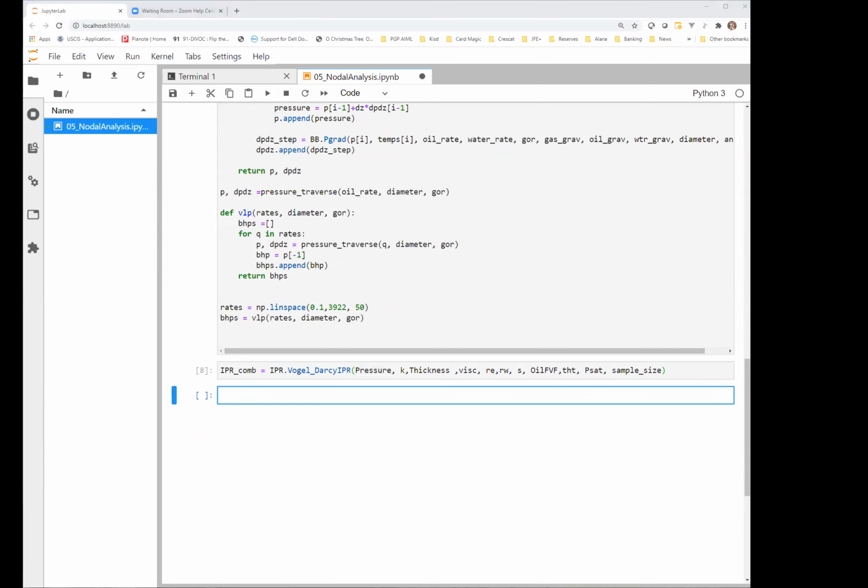So we have my IPR, and then we can plot it. So let's do a plot of the, say, VLP plot. And remember, the output of the IPR is two pairs of pressure and rates. So the first is the rate, and the second column is the pressure.